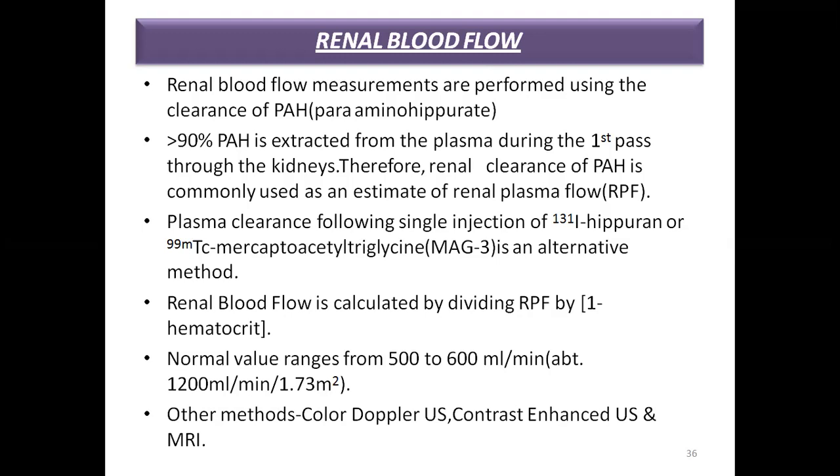Normal value ranges from 500 to 600 ml per minute. Other methods are color Doppler ultrasonography, contrast-enhanced ultrasonography, and MRI, which may also be used to estimate renal blood flow.